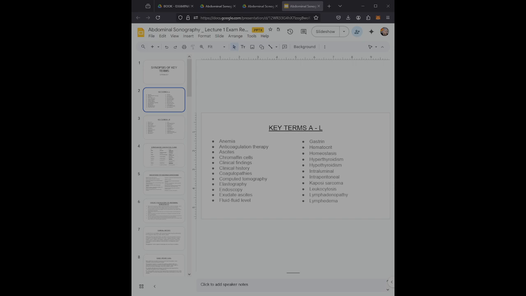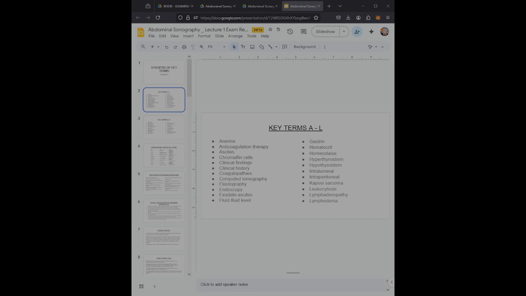Gastrin is a hormone produced by the stomach lining that is used to regulate the release of digestive acid. Hematocrit, this is a laboratory value that indicates the amount of red blood cells in the blood. Homeostasis, the body's ability to maintain internal equilibrium.